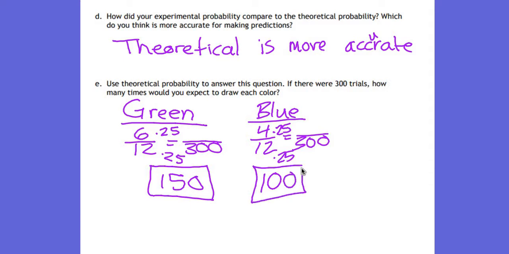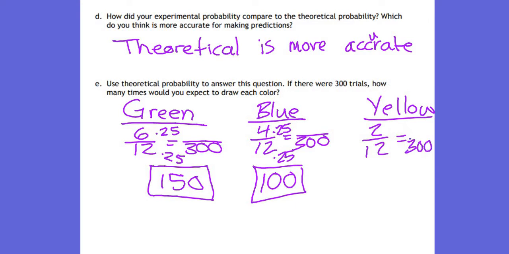Raise your hand if you've got both numbers correct so far. Okay. All right, let's look at yellow. Well, if you got both numbers right and your numbers indeed add up to 300, then you should get the same.